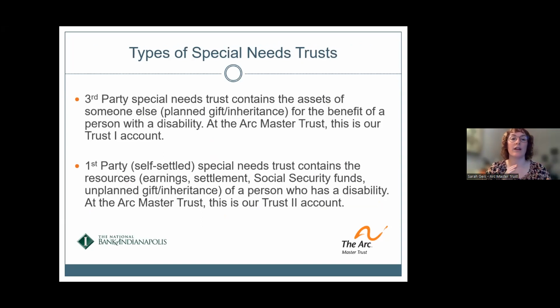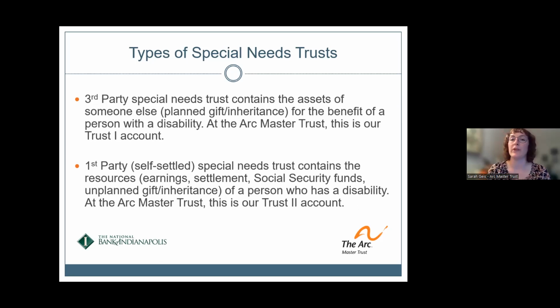The one that I usually talk about first is called a third party special needs trust. This is a type of special needs trust that contains the assets of somebody else for the benefit of that person. It could be a parent or grandparent who wants to include that trust as a part of their will or estate planning for the benefit of their child or grandchild.